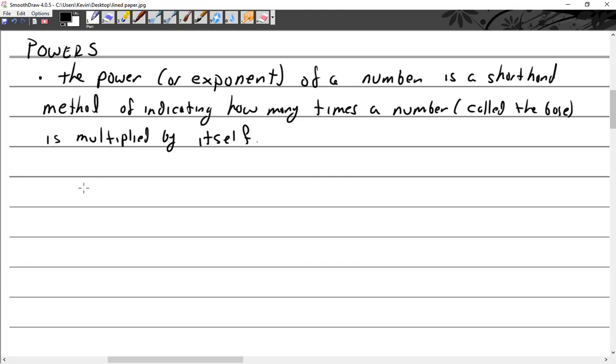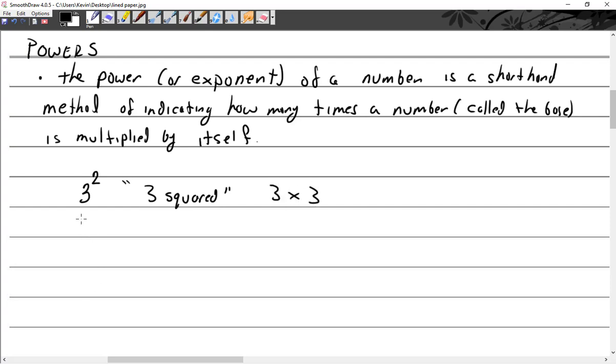So for example, we have 3 squared. So 3 is my base number, and 2 is my power or exponent, which is the same thing. We would call that 3 squared, and it's really 3 times 3.